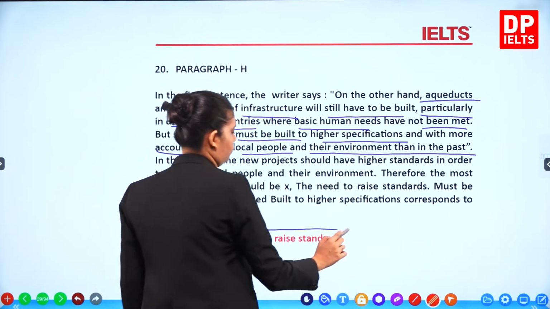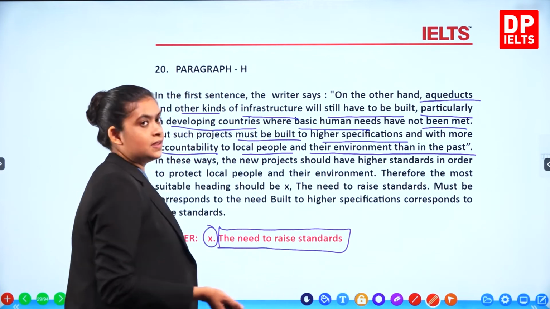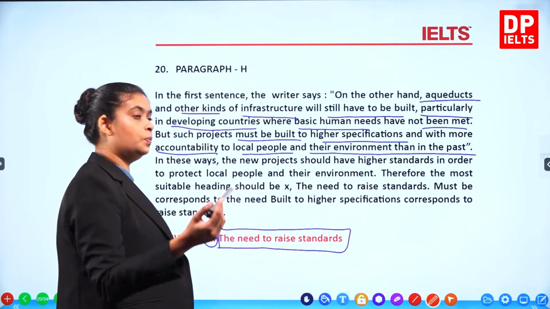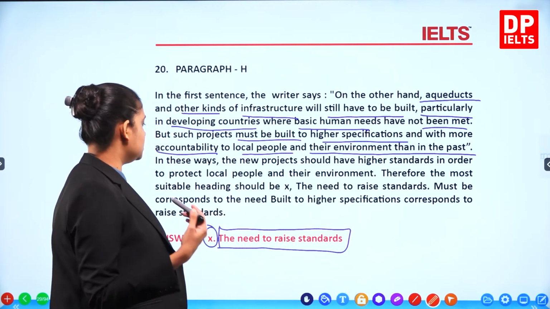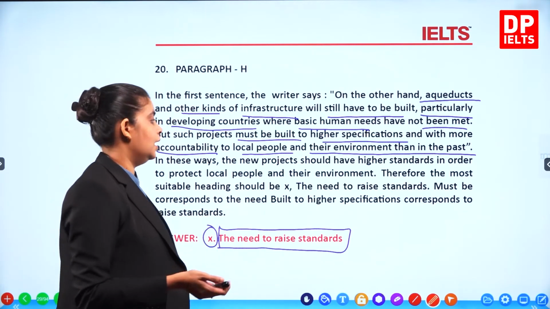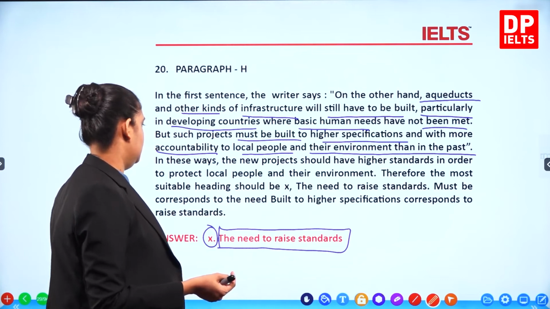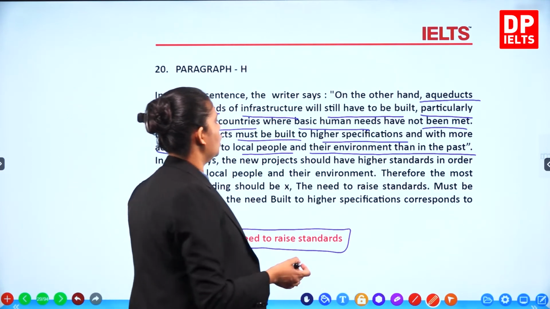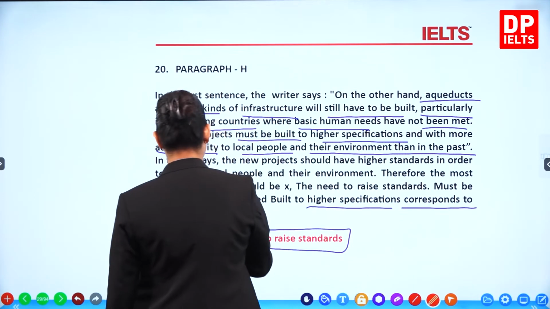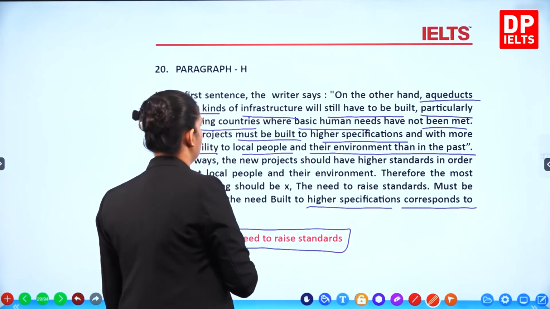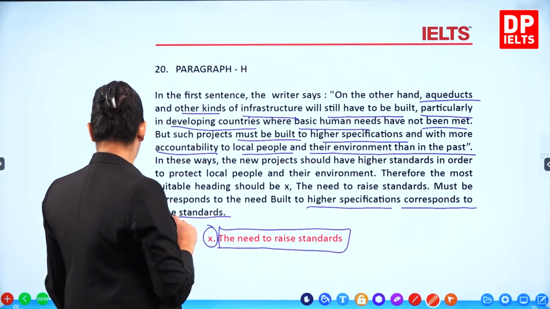The need to raise standards. You can't just give something. You have to make sure you provide them higher standards in order to protect the local people and the environment. Because it says built on higher specification corresponds to raise standards, right? So I would think it is 10.